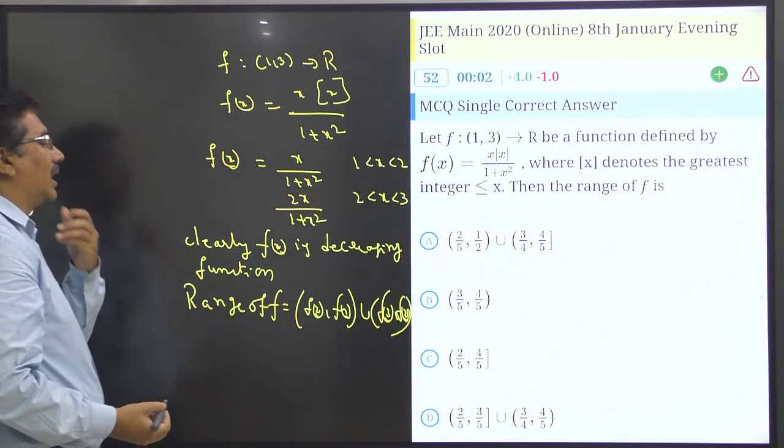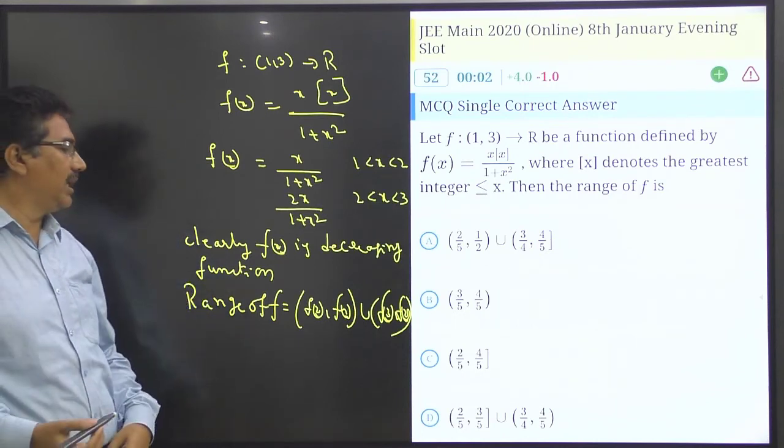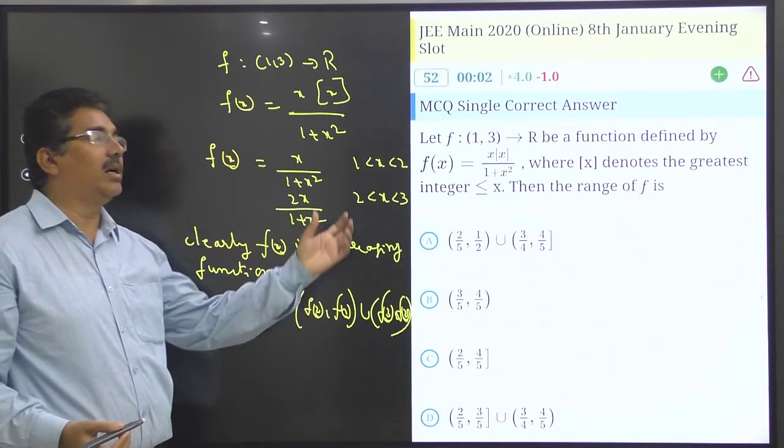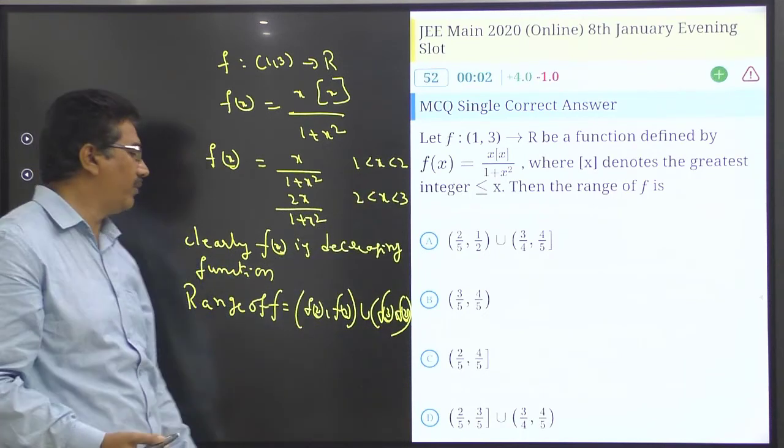Here f is a decreasing function, so its range is f of 2 to f of 1 and f of 3 to f of 2.